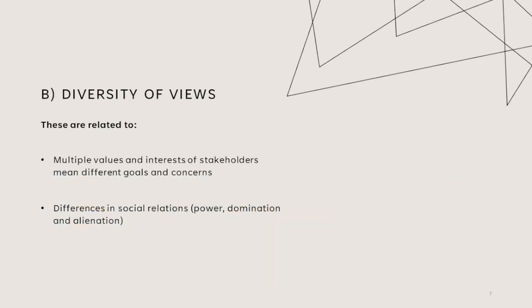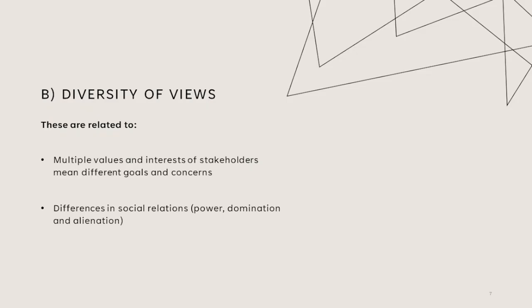So we talked about problem complexity as one of the two distinct parts of problems. Let's now talk about the second part, which is diversity of views of people. A problem situation can lead to a diversity of views because of the multiple values and interests of those involved and affected stakeholders, which lead to different goals, expectations, and also worries about the problem situation.